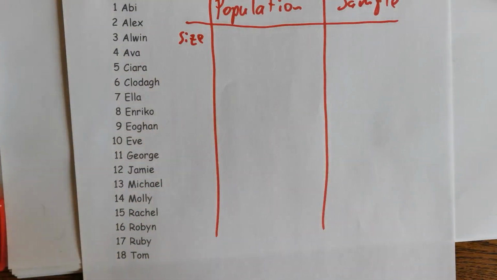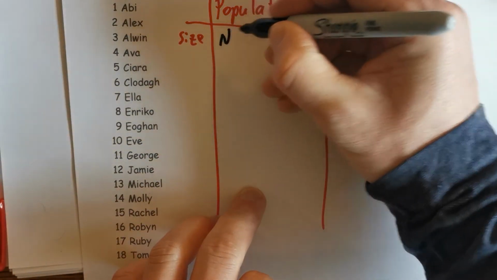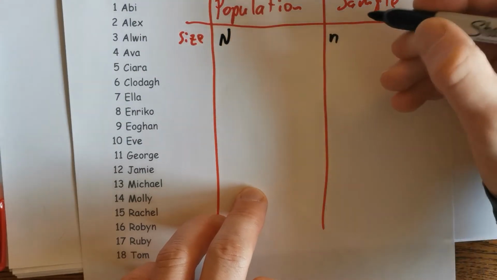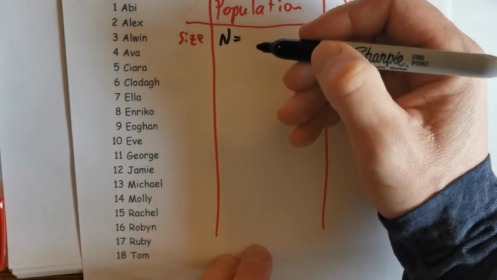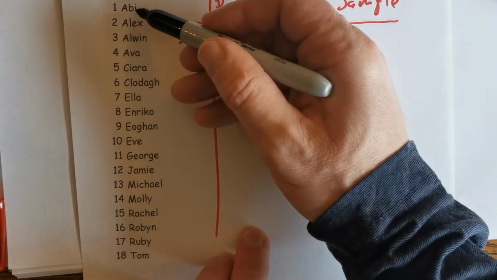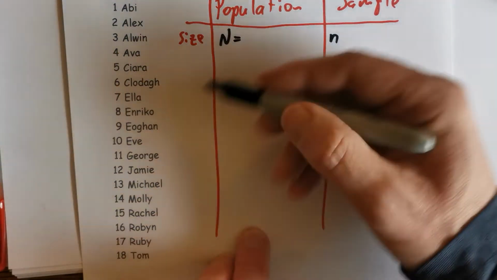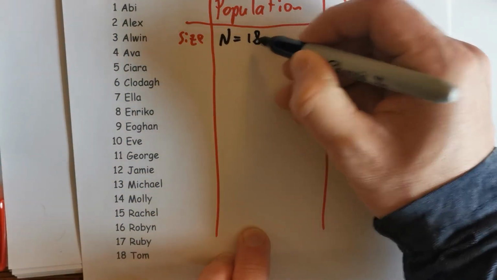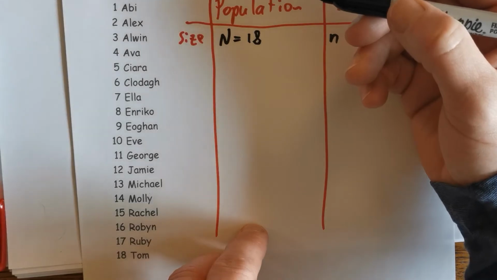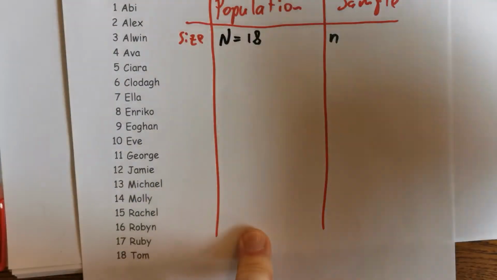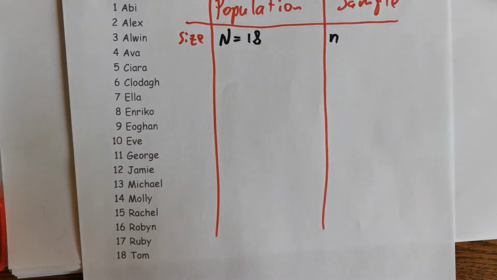Well, remember, for the population size, we use capital N, and for sample size, we use lowercase n. So the population size here is the number of people in my list, 18. I've just chosen 18 because I don't really want to look at the 3.5 million people in the previous example. It's a little bit awkward.